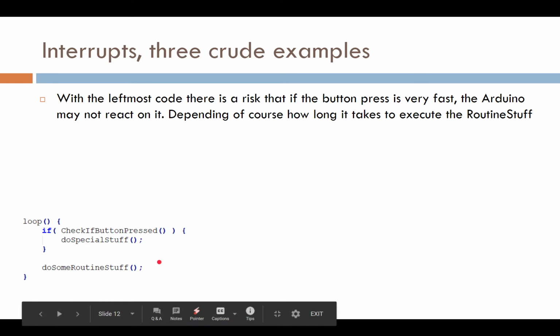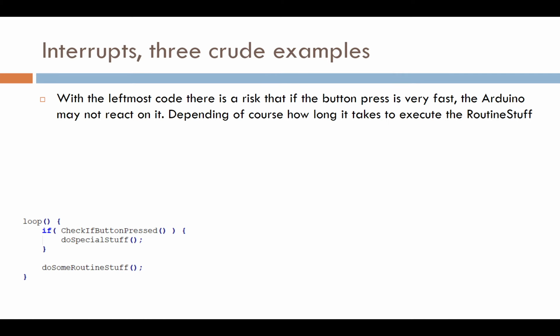But anyway, every time in the loop it basically does some routine stuff. For example, doing some routine stuff could be just switching the LED, or inverting the LED value, and then delaying for 1 second.